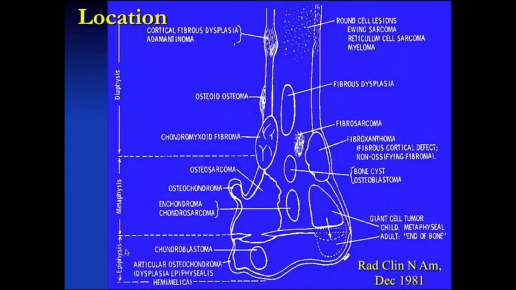So for example, in transverse plane, if it is central, probably an enchondroma; eccentric, a giant cell tumor, an osteosarcoma, or a chondromyxoid fibroma. Cortical would be non-ossifying fibroma or osteoid osteoma. Periosteal would be a periosteal osteosarcoma or a benign osteochondroma.